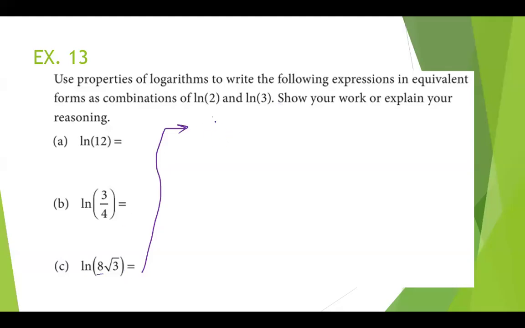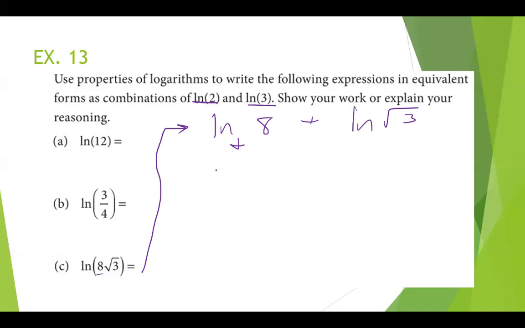Because it's product, it can become natural log of 8 plus natural log of square root of 3. Okay, I'm going to start easy by changing natural log of 8 to base of 2, because I need it to be either here or here, and it's definitely going to be easier to make this a 2 instead of a 3.